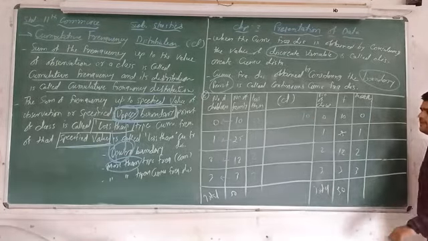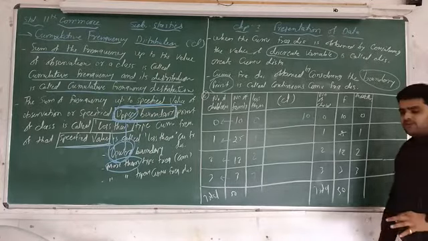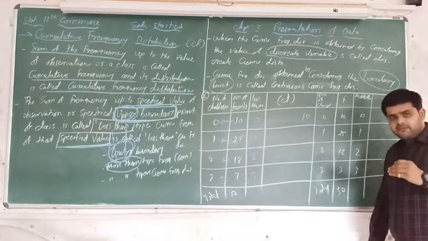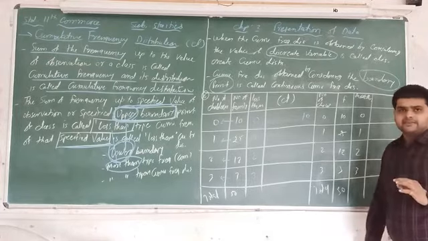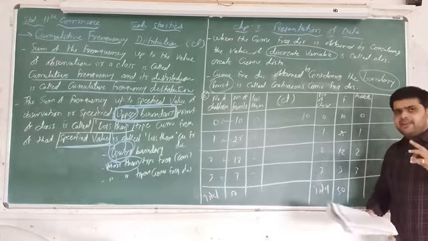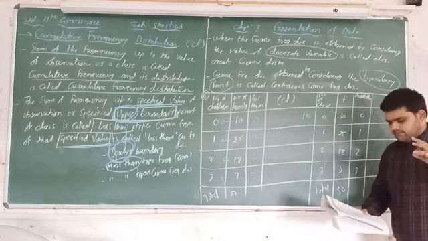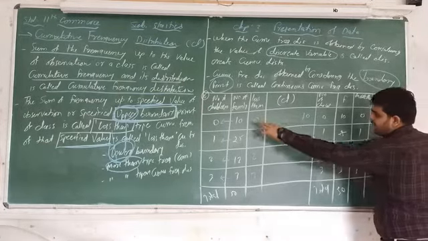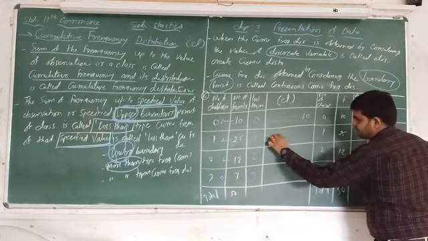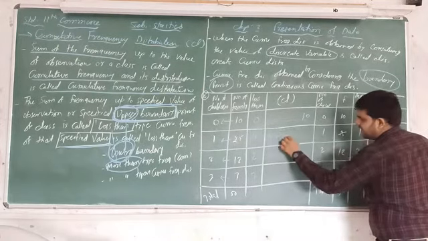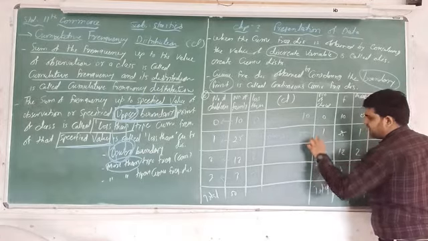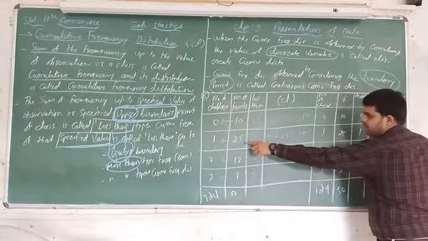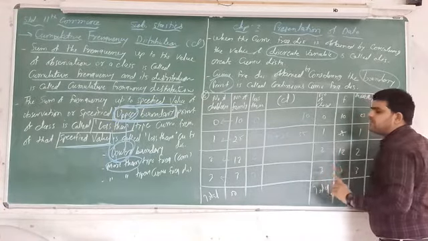Second, how many families are there those who have one or less than one child? Here less than one child means 10, plus one child means 25. Answer is 35. So 35 families are there, those who have one or less than one child.